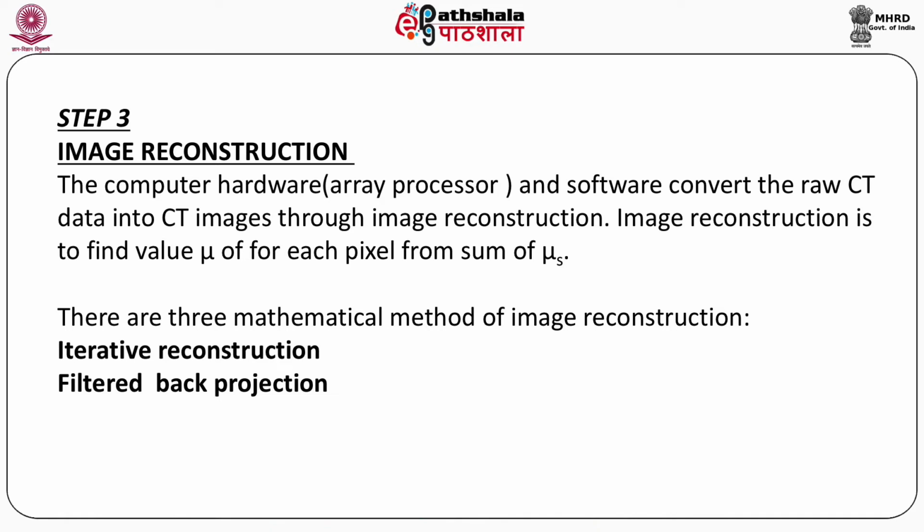There are three methods of image reconstruction. One is iterative, another is simple back projection, and the analytic function methods are filtered back projection and Fourier reconstruction. Usually filtered back projection is very important, very common in X-ray CT reconstruction techniques.